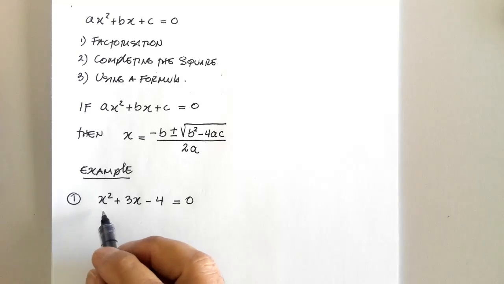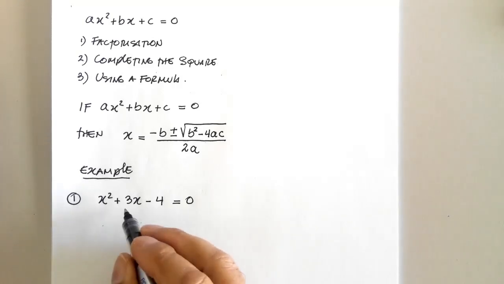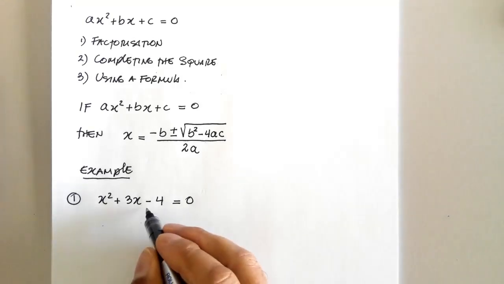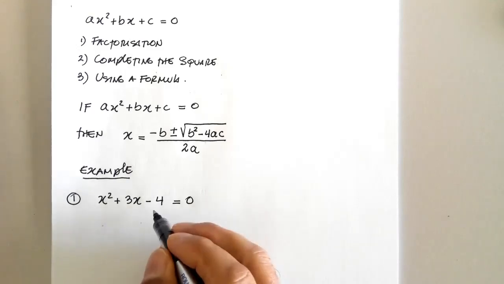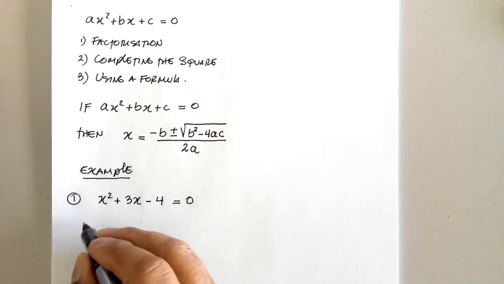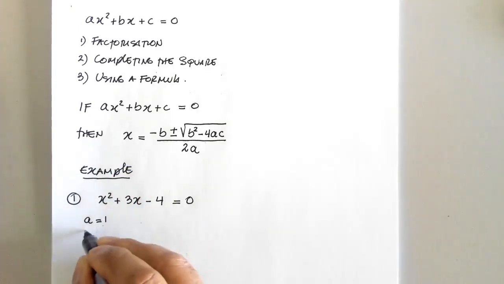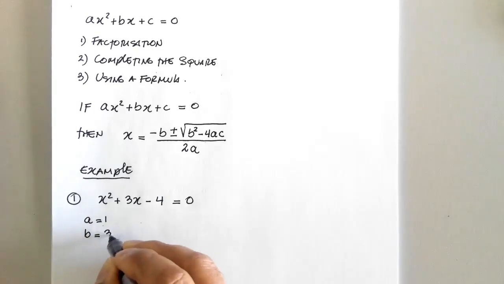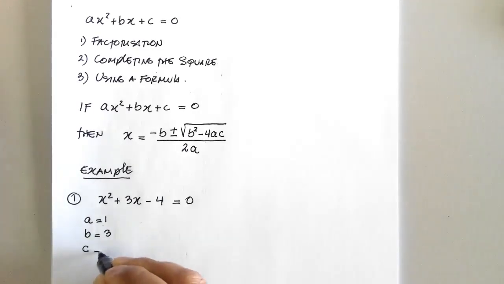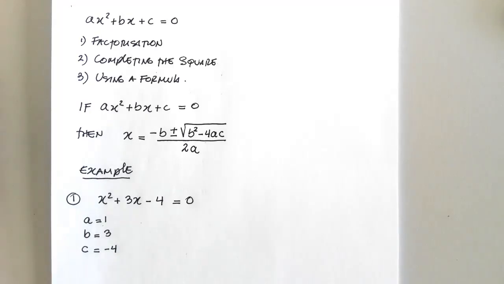In this exercise, a is equal to 1, b is equal to 3, and c is equal to -4. If you want, until you get familiar, you're gonna write the coefficients. So a is equal to 1, b is equal to 3, and c is equal to -4. You're gonna write a, b, c until you get very, very familiar with the whole thing.